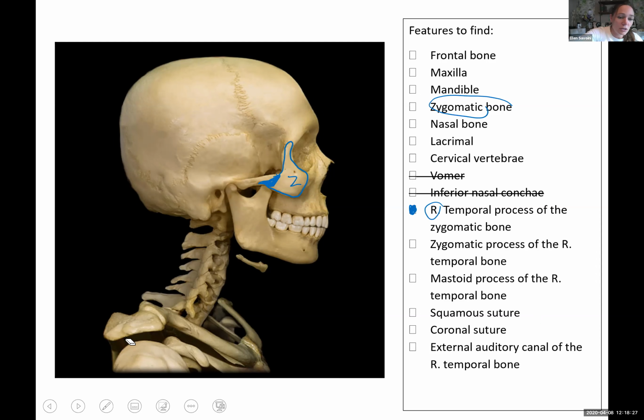Then I'm going to change colors to red. So if this is our temporal bone, that's our, well, I don't have it listed there, temporal bone.